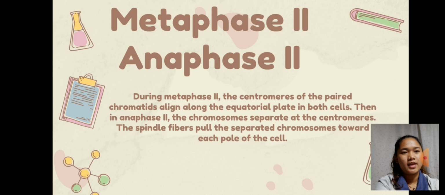Metaphase 2 and anaphase 2. During metaphase 2, the centromeres of the paired chromatids align along the equatorial plate in both cells. Then, in anaphase 2, the chromosomes separate at the centromeres. The spindle fibers pull the separated chromosomes toward each pole of the cell.